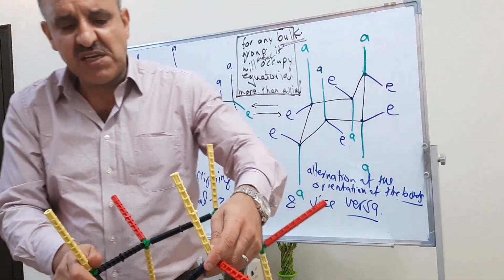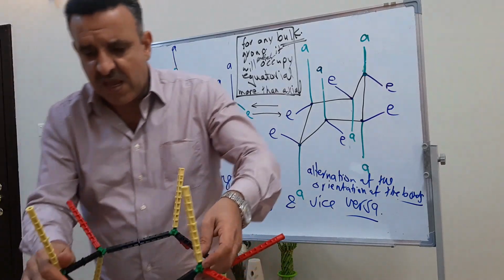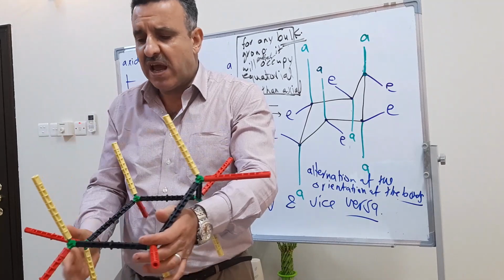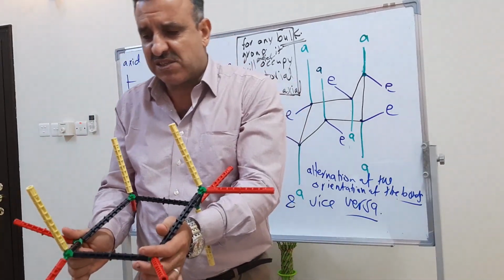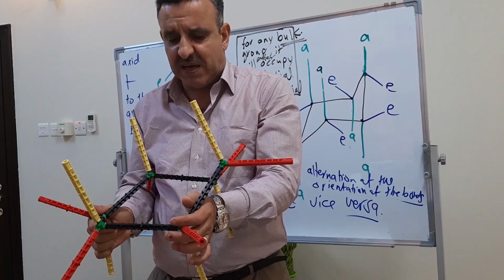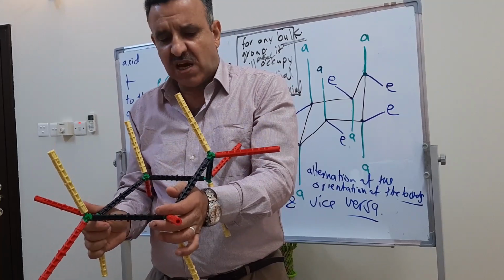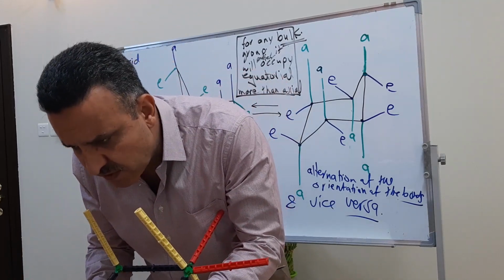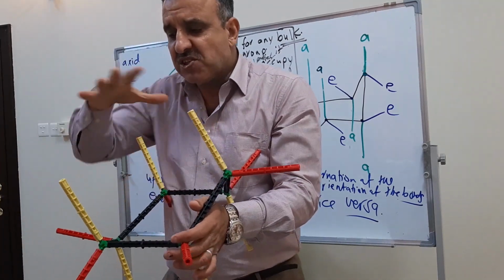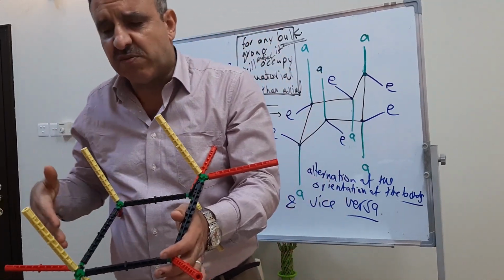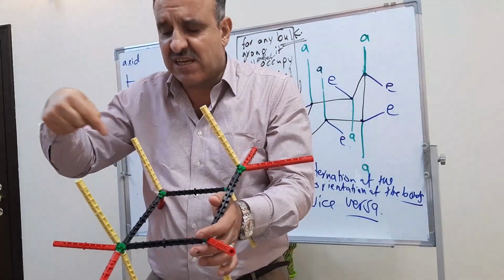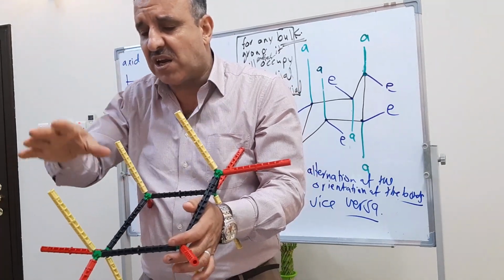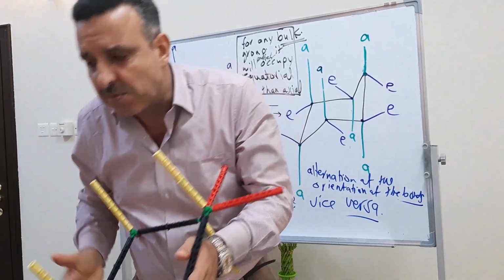Now, as you can see here, above the plane, please focus. This is the chair. Above the plane, how many hydrogens are axial? Write down, please, or speak up. How many axial hydrogens above the plane? Three. These are the other ones, right? This is what we call in this chair conformation the 1,3-diaxial interaction. In other words, the closest atoms in this structure to each other are these axial atoms or bonds.